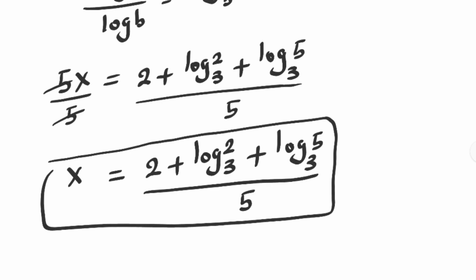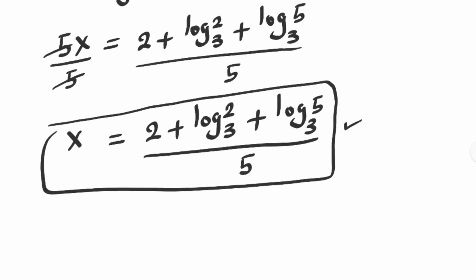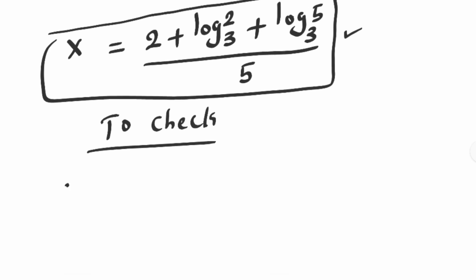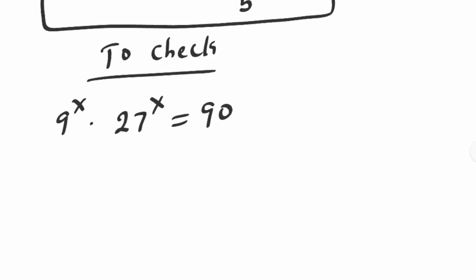We may check to confirm if this answer is right or wrong. Let's check. To check, we have the given equation: 9 raised to power x multiplied by 27 raised to power x is equal to 90. This can be written as 3 raised to power 5x is equal to 90.